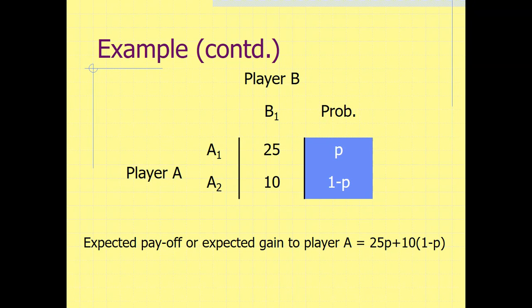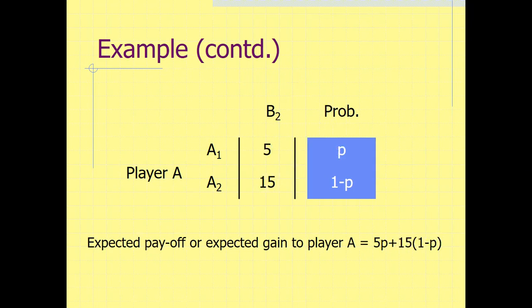Then the expected payoff or expected gain to player A would be the algebraic sum of the expected values of the two events, that is 25p plus 10 times (1 minus p). But if player B selects strategy B2 and adheres to it throughout the game, then the expected gain to player A would be 5p plus 15 times (1 minus p).